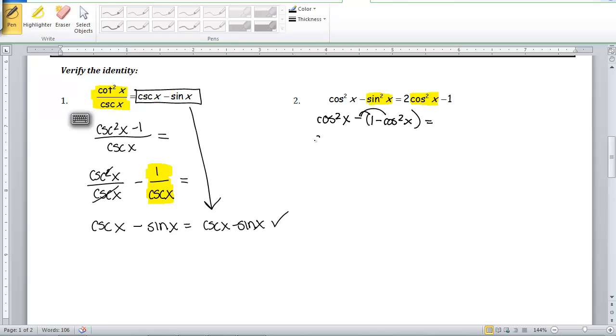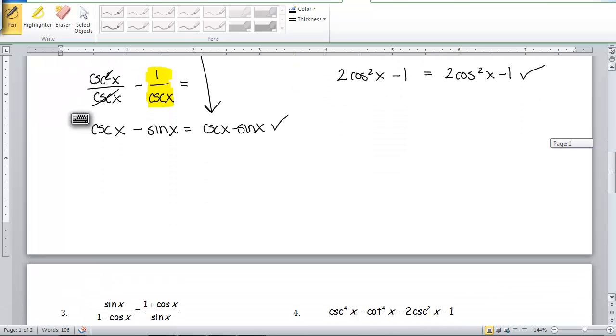And so therefore, cosine squared x minus 1 plus cosine squared x. Next, if I combine my like terms, 1 cosine squared x plus 1 cosine squared x is 2 cosine squared x. Then I still have the minus 1. And that's what we were trying to get, so I know I'm done. Let's now move on to number 3.